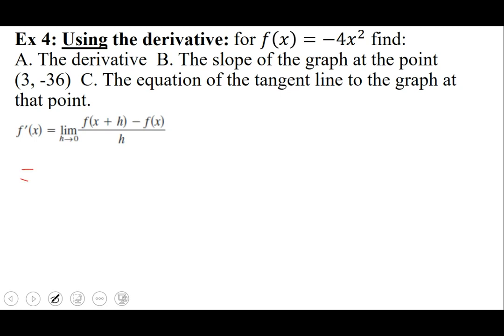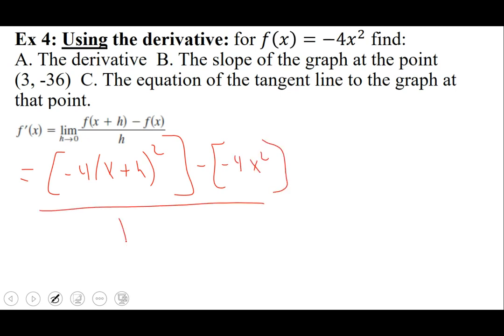So starting with f of x plus h, that means negative 4 times (x plus h) squared minus the entire function, negative 4x squared, all still over h. Then, just in the numerator, if you go ahead and do the FOIL, that's negative 4 times (x squared plus 2xh plus h squared).